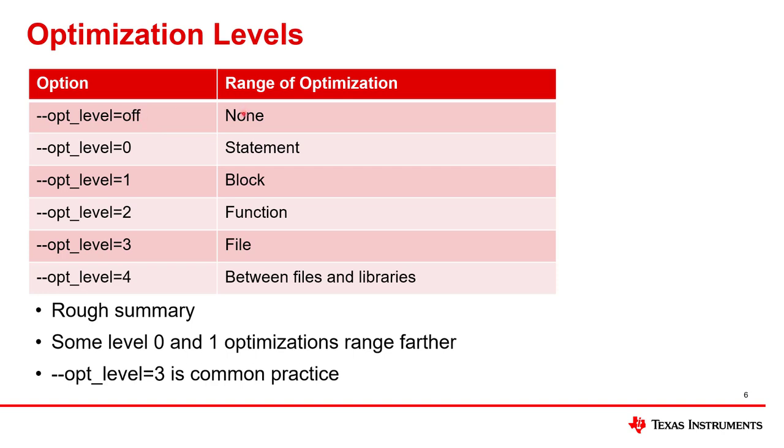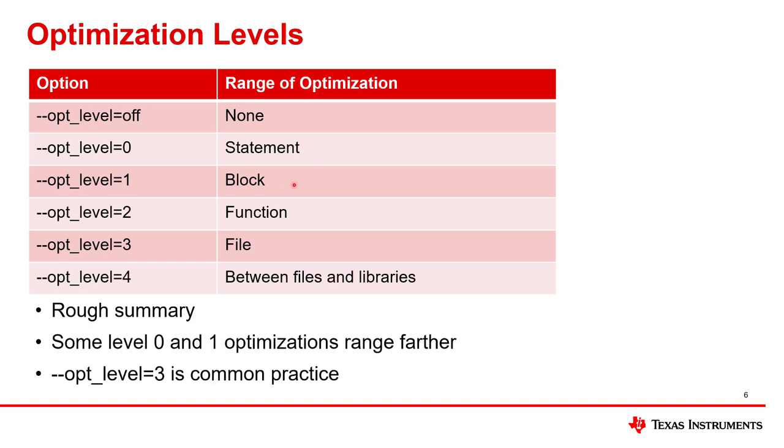So off means none, pretty obvious. 0 means look at one statement at a time. A statement in the C programming language is roughly those things that are separated by semicolons. Look at one statement, make some optimization decisions, forget about that statement, move on to the next one.